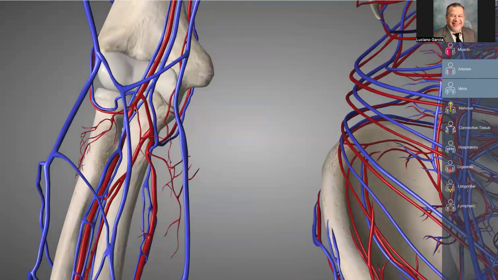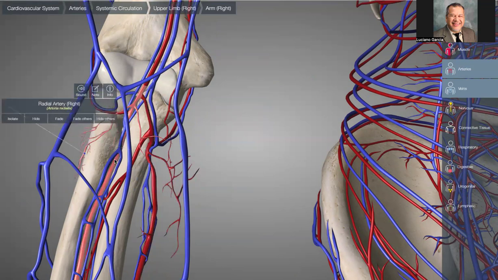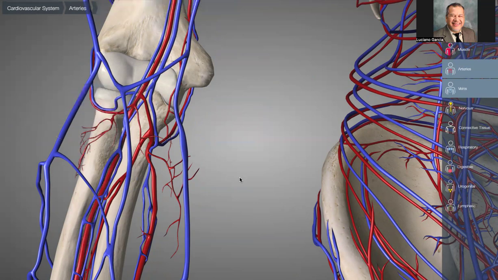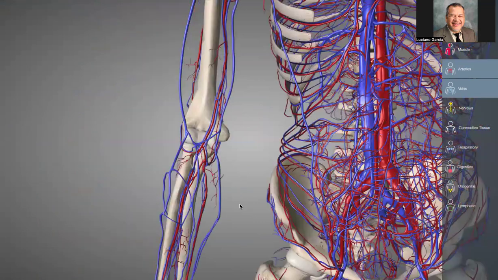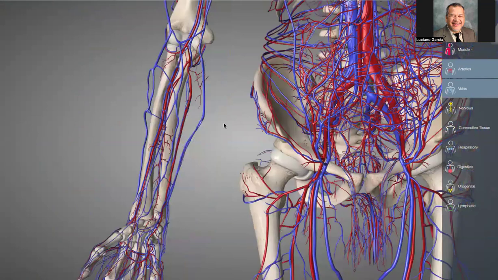At that split, this one goes medially to become the ulnar artery. This one keeps going lateral to be the radial artery, just like the bones of the forearm, radial and ulna. I know you see other arteries there too, but these are the major ones.